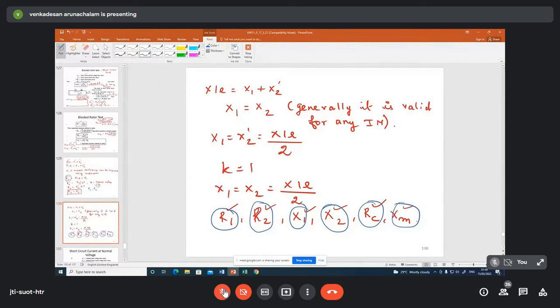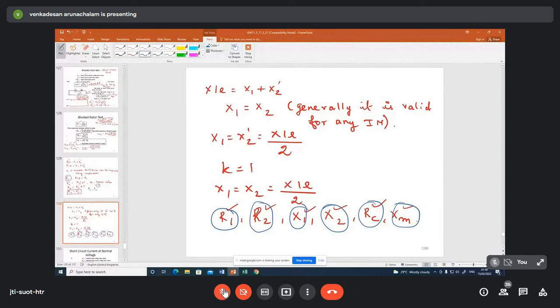So here, the short circuit current we obtain under reduced voltage condition, right? Because already the rotor side is shorted, and since it is a short circuit condition, a very small amount of voltage is sufficient to circulate the rated current. The current will be very high, and in order to circulate that very high current, the voltage going as input to the machine will be very, very less. A very small amount of voltage is sufficient to circulate the rated current.